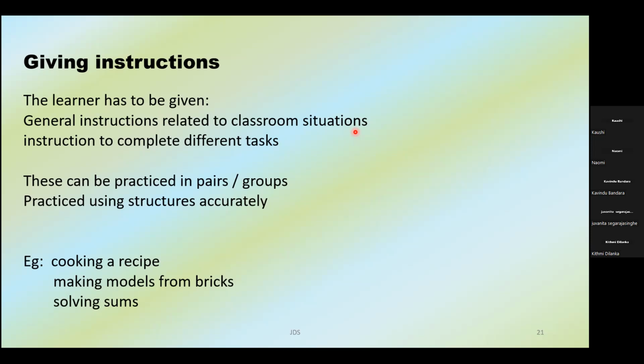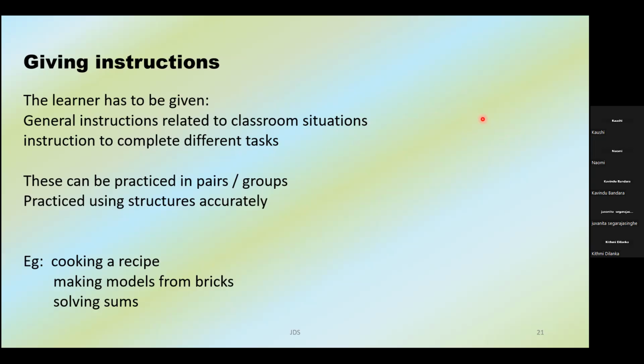So like that, giving instructions, very simple instructions, starting with imperatives. When it comes to primary grades, mostly imperatives. Open your book or maybe turn to such and such a page. Hang your bags on the hook, leave your drink bottles on the shelf, like that.